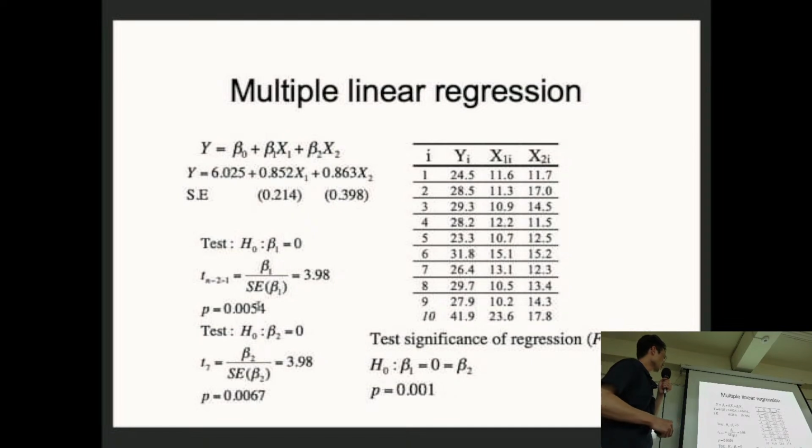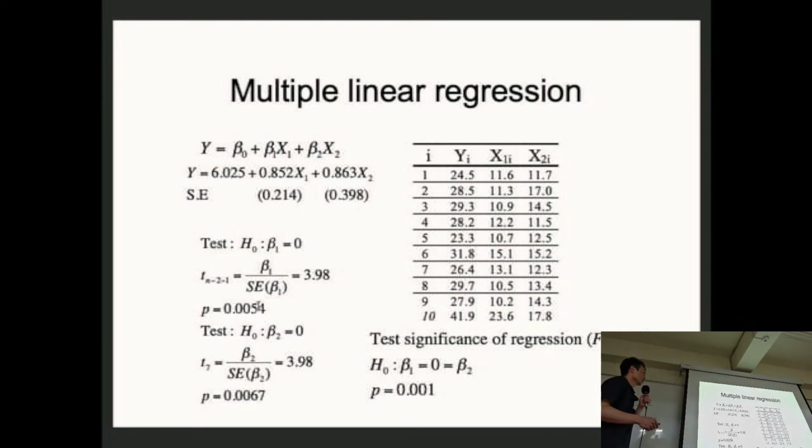You can do the global F test, right? Global F test, or you can do the T test for each beta 1, beta 2. So that's the classic way to do multivariate linear regression. Right? If you don't remember, again, that's in your textbook.